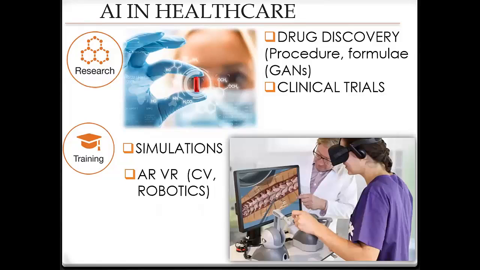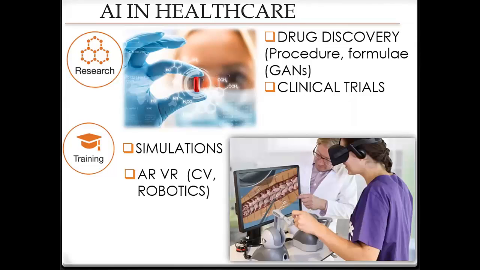So with the use of generative adversarial neural networks, they are able to simulate certain chemical formulas, and given a disease, for example a malaria parasite, they are able to suggest what drug formula can be produced.